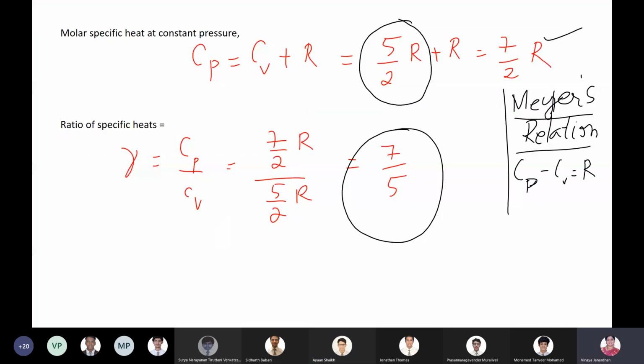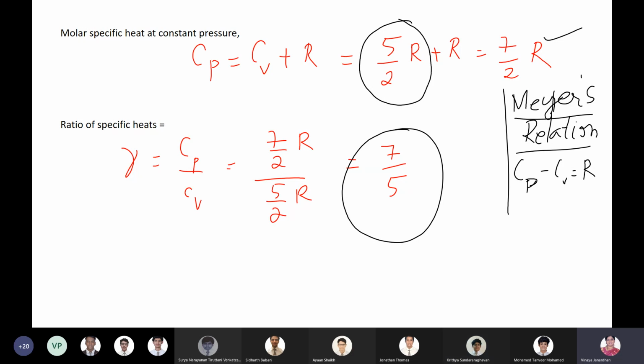For triatomic gas, should I do this or will you do it by yourself? Should I do triatomic also, in a similar way? Is it 4 by 3? Yeah, for triatomic. See, the total degrees of freedom for a triatomic linear molecule like carbon dioxide has 7 degrees of freedom.